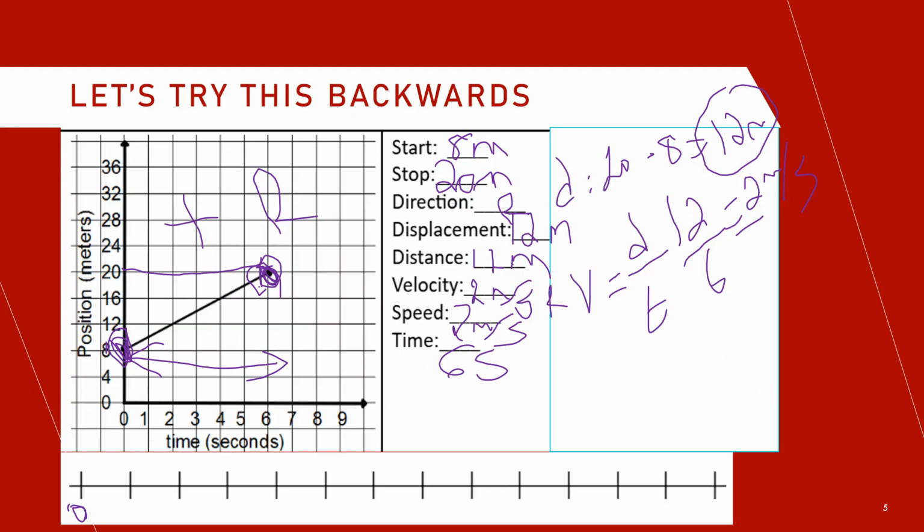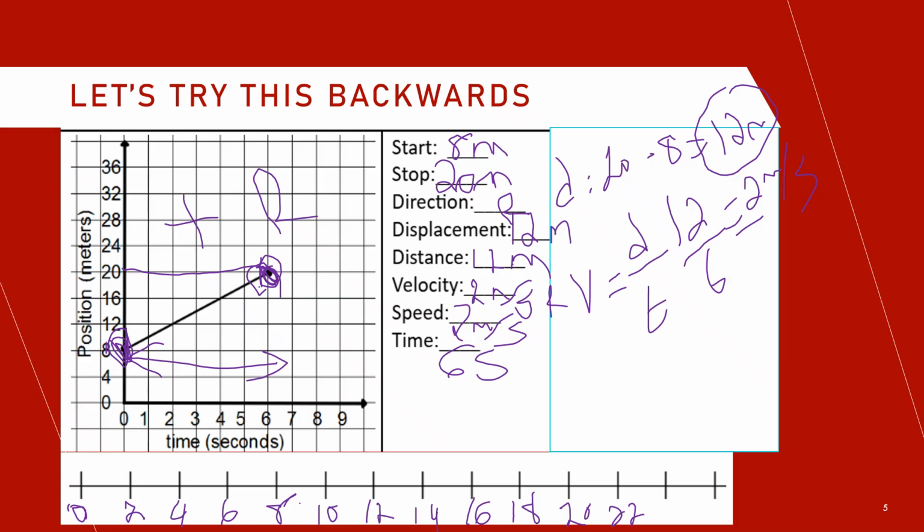We can do that: 0, 2, 4, 6, 8, 10, 12, 14, 16. We know we have a total of 6 seconds. We know my starting point is at 8.